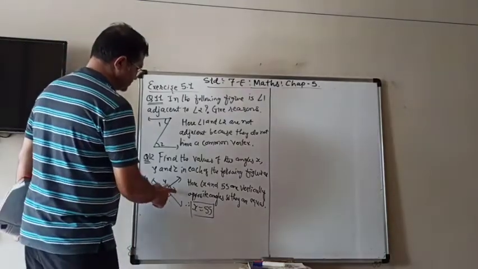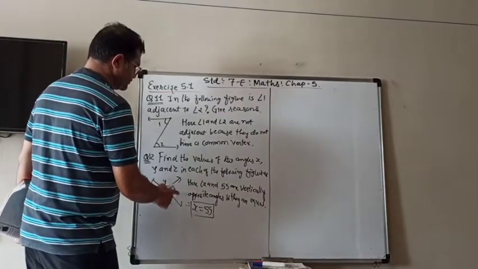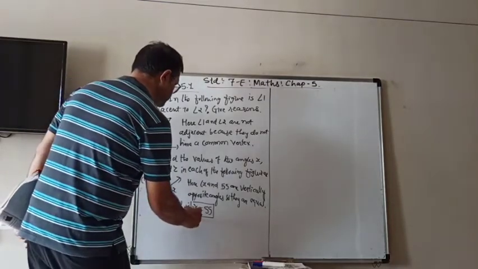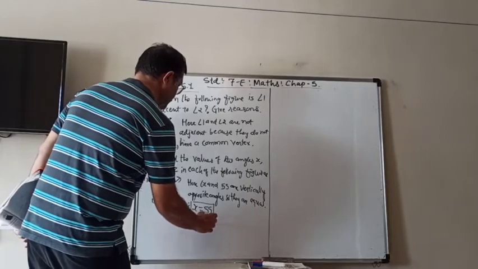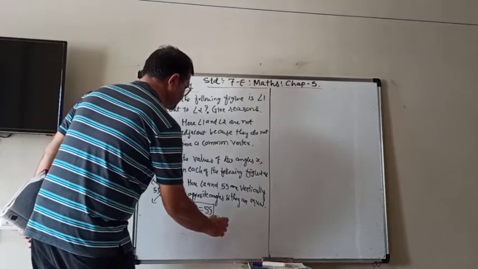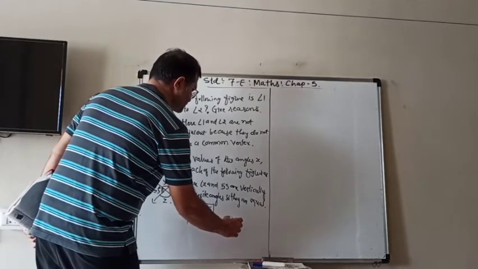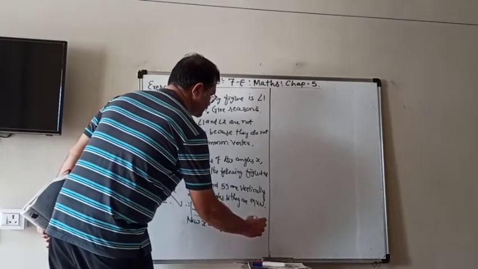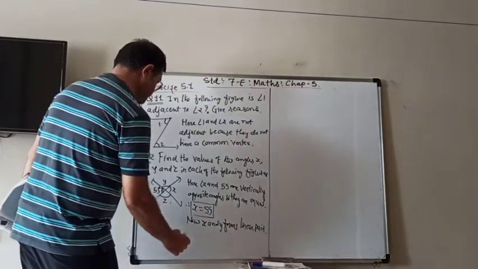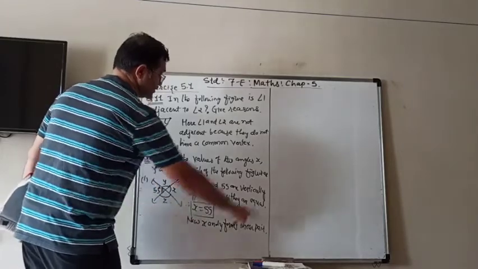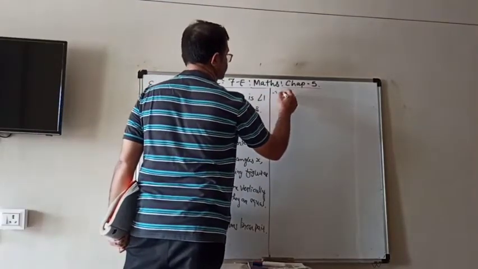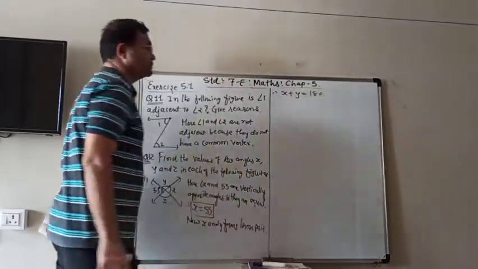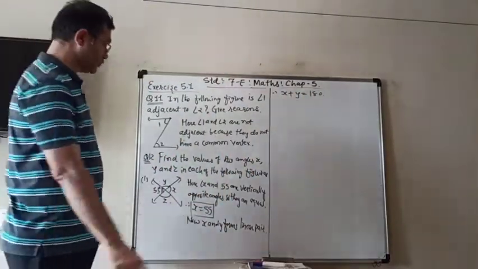Now we can see that x and y form a linear pair. It means that we can do it here now. Therefore, linear pairs are always supplementary, which means x plus y is equal to 180.